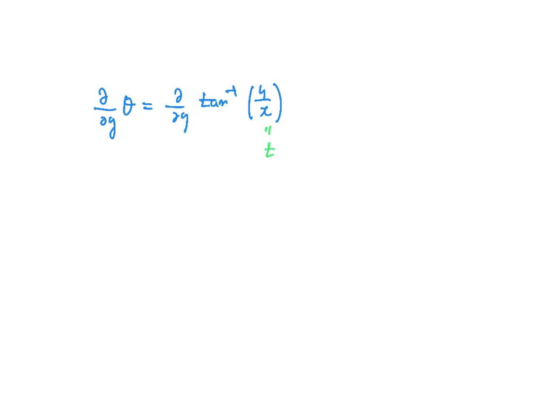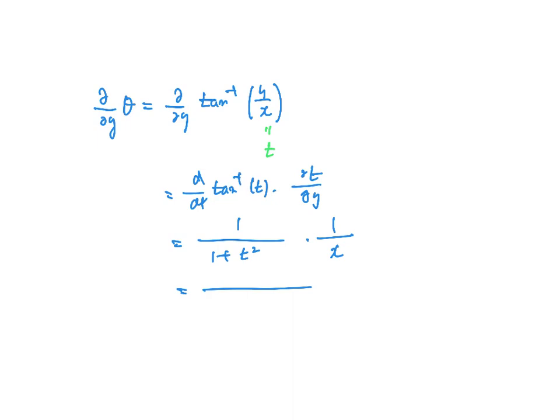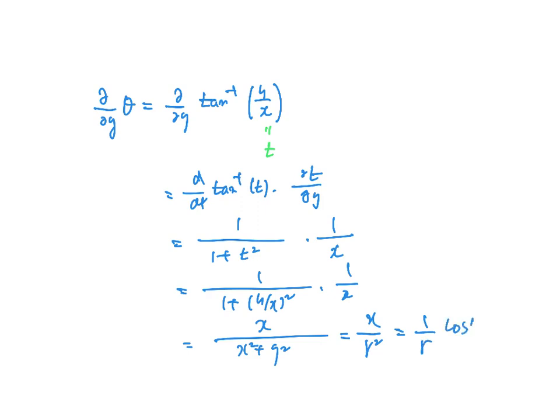So this is d tangent inverse t, partial y, partial t is 1 over 1 plus t squared times, this is simply 1 over x. 1 plus y over x squared, 1 over x. It becomes x squared plus y squared over x, that is r squared over x, so 1 over r cosine theta.